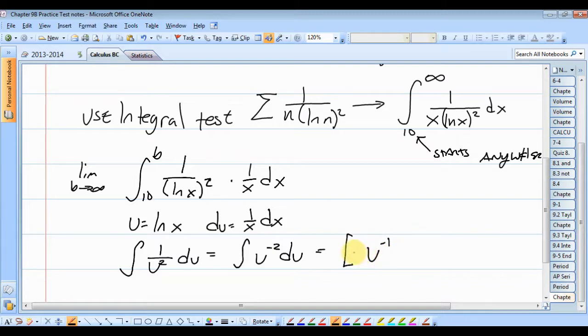Divided by negative 1, yeah. You got that?